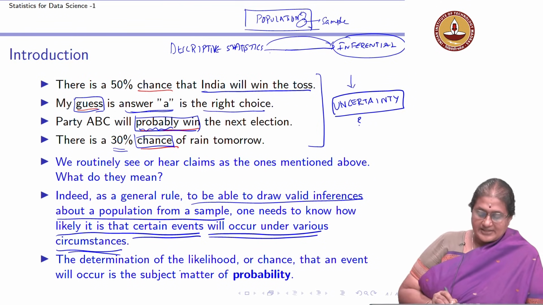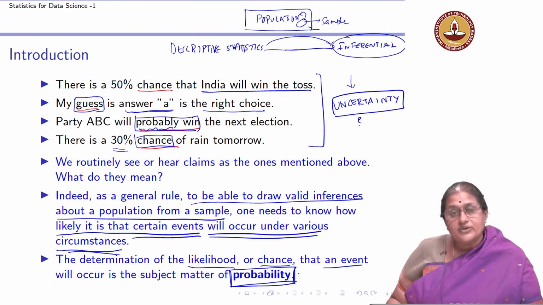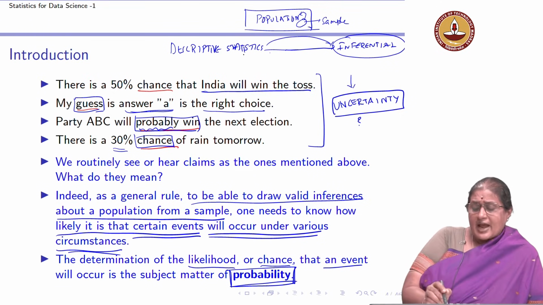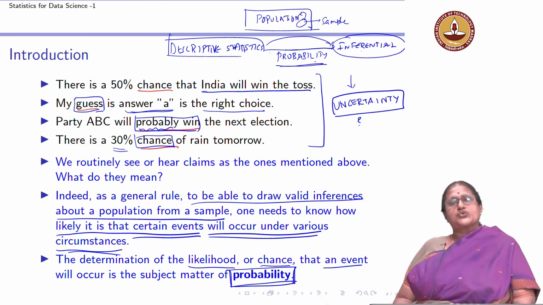That uncertainty, the determination of the likelihood or chance that an event will occur, is the subject matter of what we refer to as probability. Hence, if I have to go from this to this, I need to understand probability, and that is what we are going to do in the next 2 weeks.